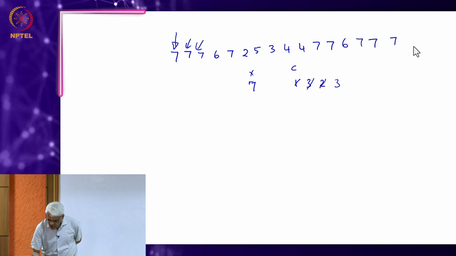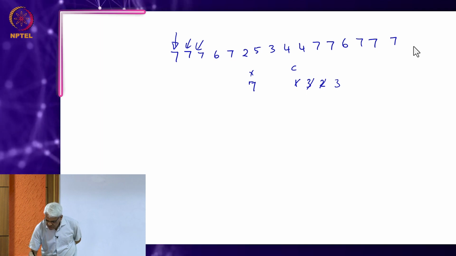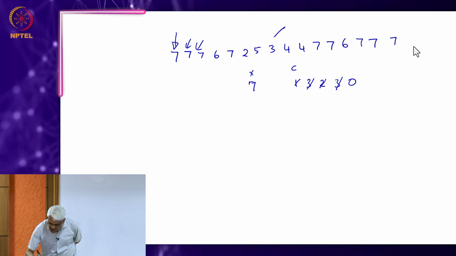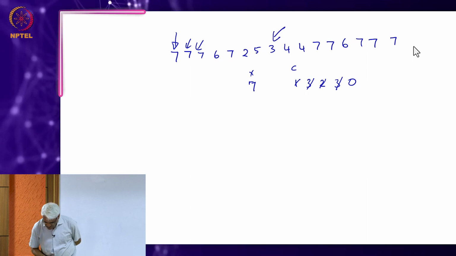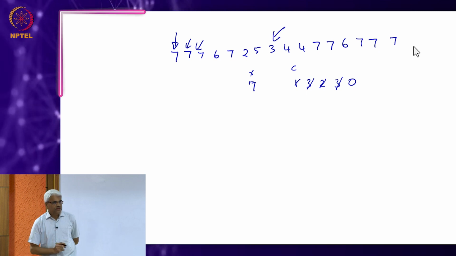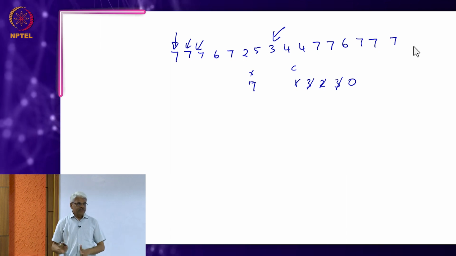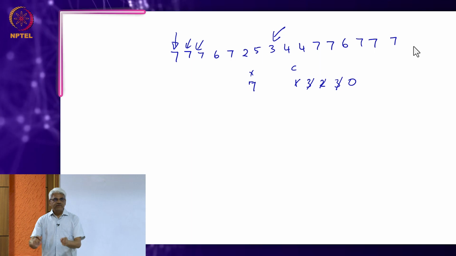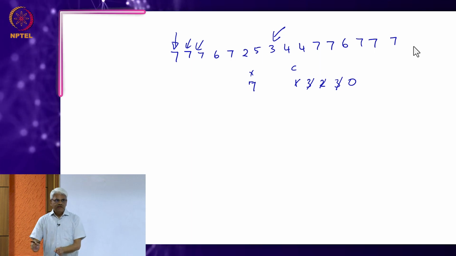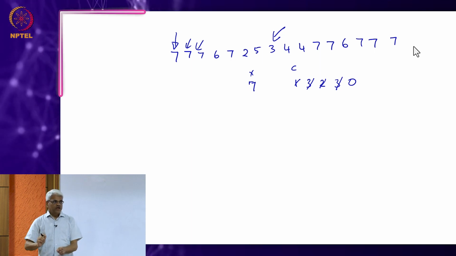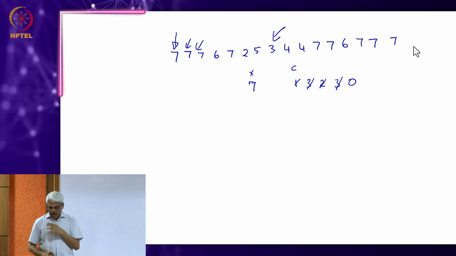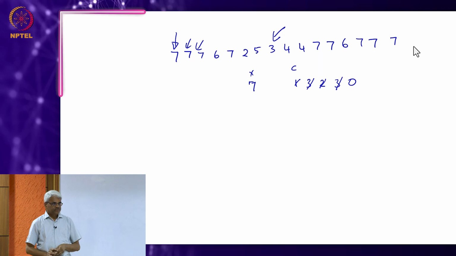And then I see 2, 5, 3, so the counter gets decreased to 0. At this point, the counter is 0. Do you understand what I did so far? Whenever I see an element which is equal to x, I increment the counter, and if it's not equal to x, I decrement the counter. Now the counter has become 0. I'm going to throw this element out now.